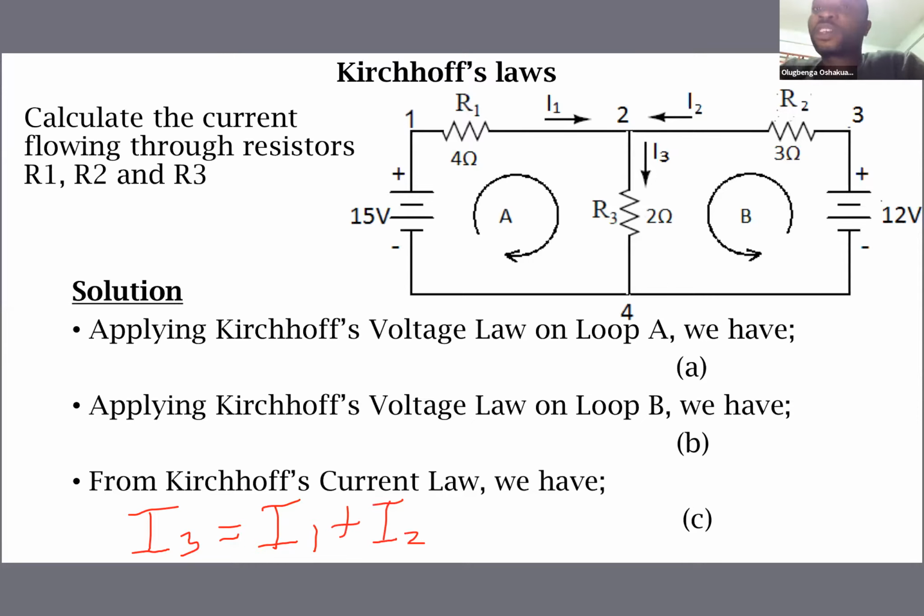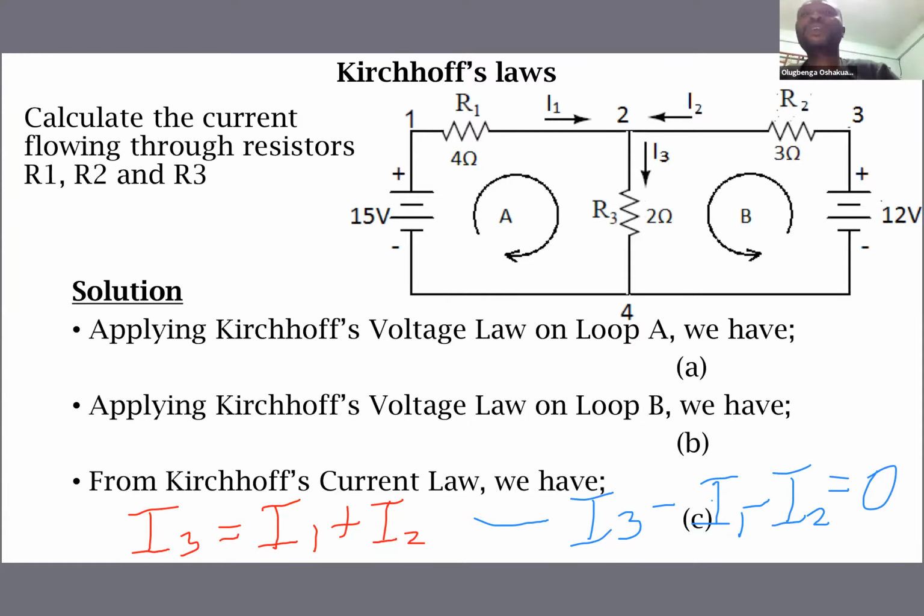And if you want to talk like our friends from mathematics that do algebra, I3 minus I1 minus I2 equal to 0. We are saying the same thing. So what we've just done is we have applied Kirchhoff's current law.